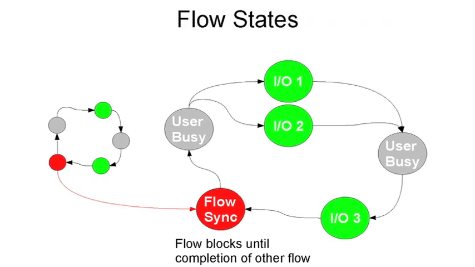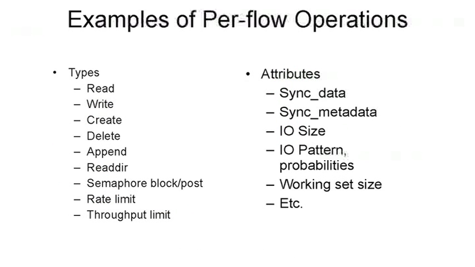And it's another I/O. You might have another process over here doing similar things, and they're synchronized together with the synchronization flow ops. Here's just a few examples of the kinds of flow ops that we support. It's a very long list now and growing.